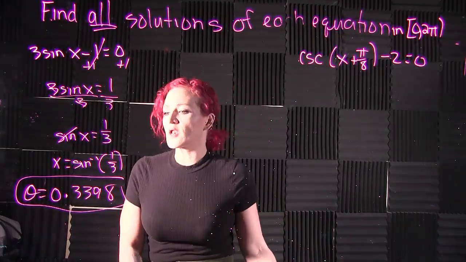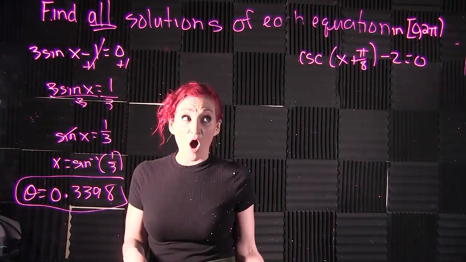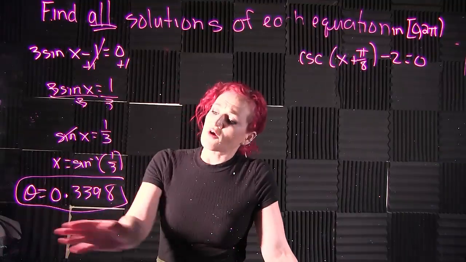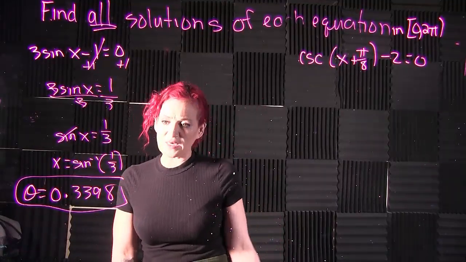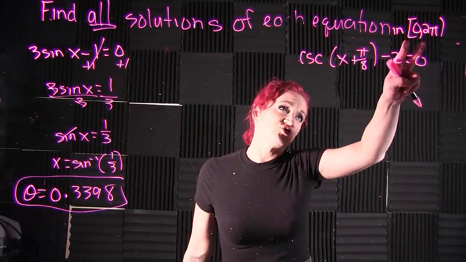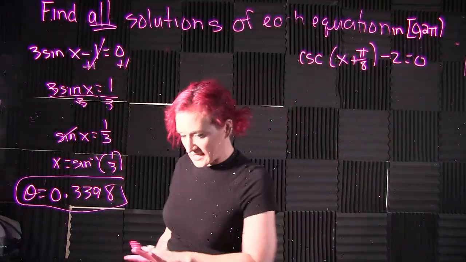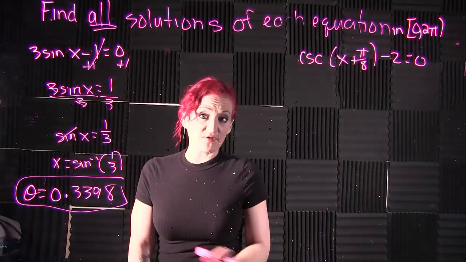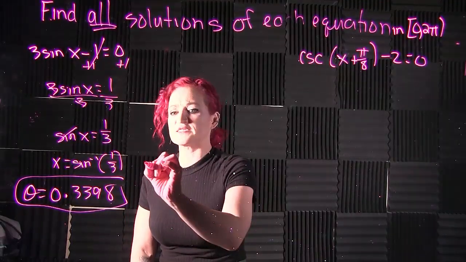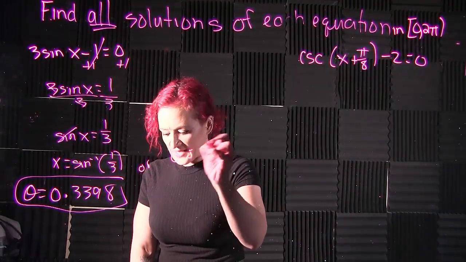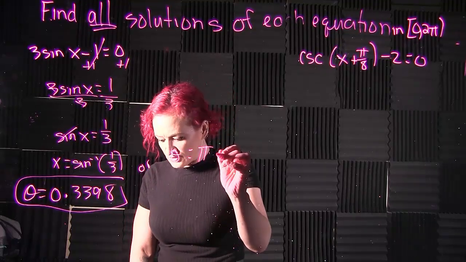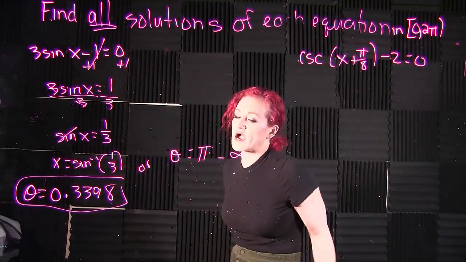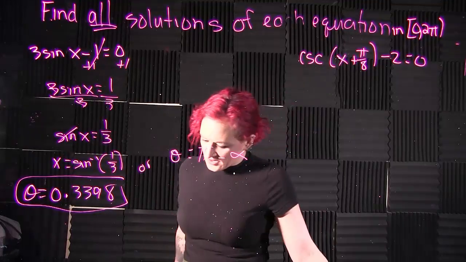You also want to keep in mind, if we are finding all solutions of sine, our first solution here, 0.3398, we want to find all solutions within a 0 to 2 pi period. So to see if there's any other solutions here in this period, you do want to take theta is equal to pi minus your alpha here to get any other remaining solutions.